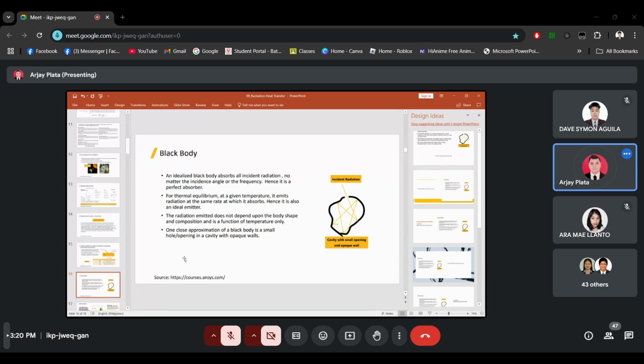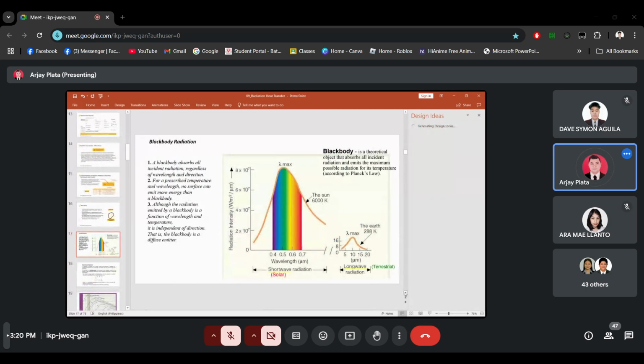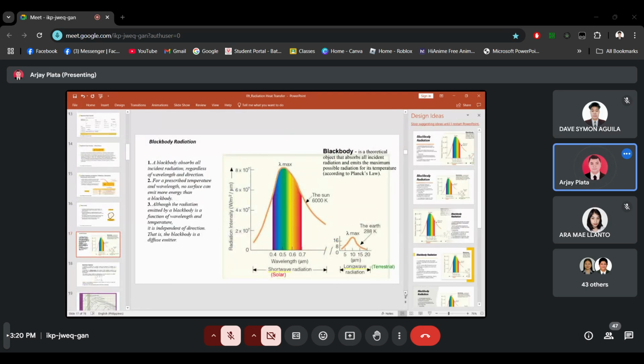A black body absorbs all incident radiation regardless of wavelength and direction. So for a prescribed temperature and wavelength, no surface can emit more than a black body.